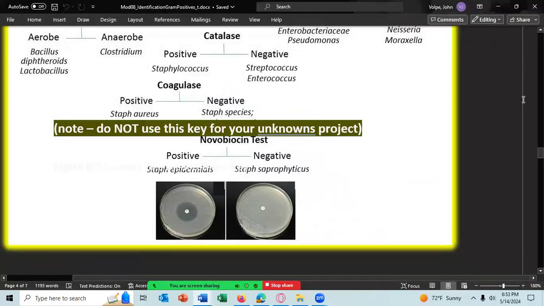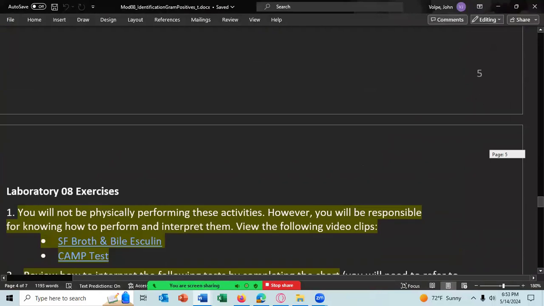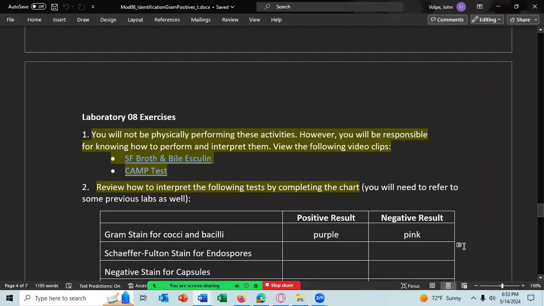All right. In lab 8, you're not physically going to be performing any of these activities. However, you will be held responsible for knowing how to perform and interpret these tests.